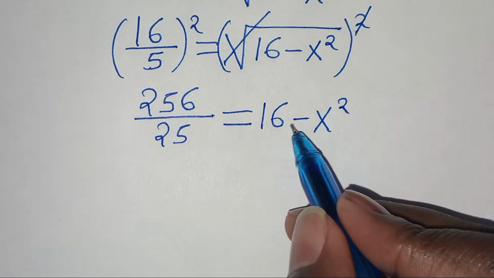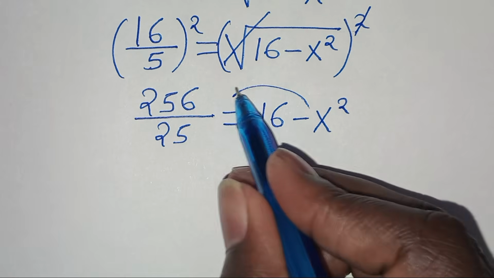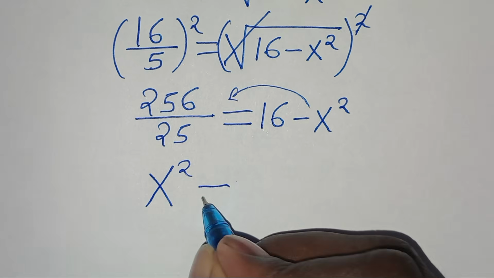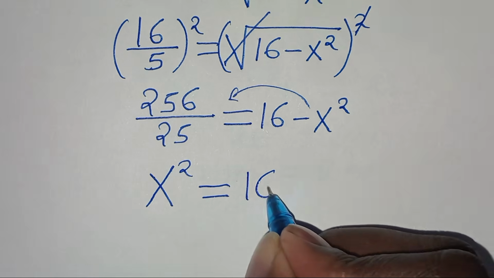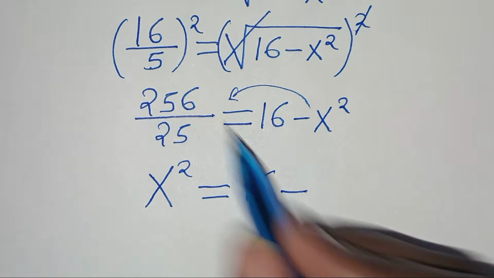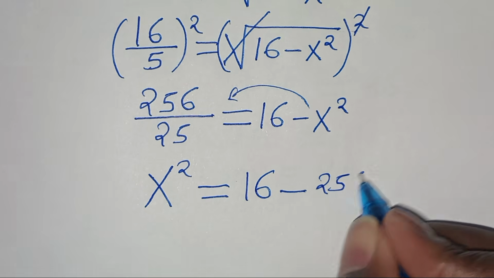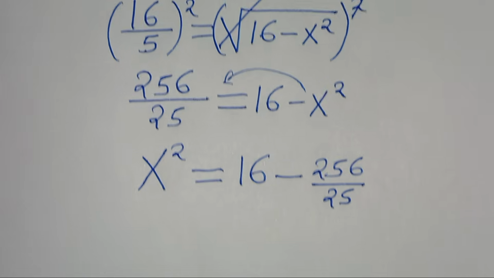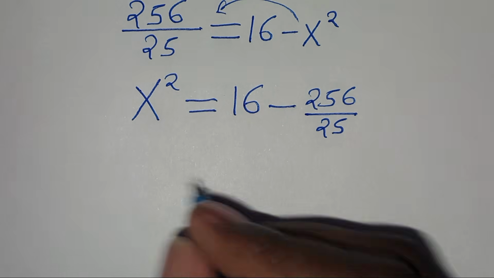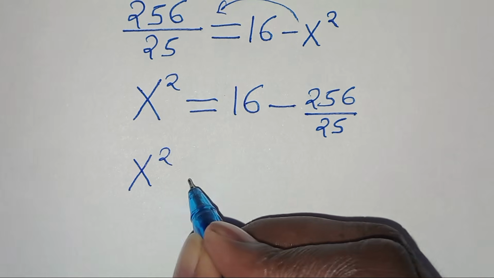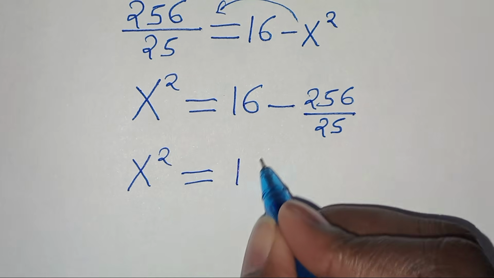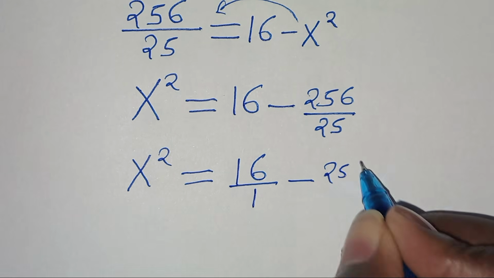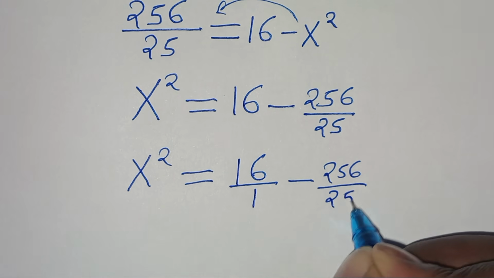Now, let's move minus x squared to the left-hand side, so that we have x squared equal to 16 minus 256 divided by 25. So x squared is equal to, now 16 is over 1, minus 256 divided by 25.